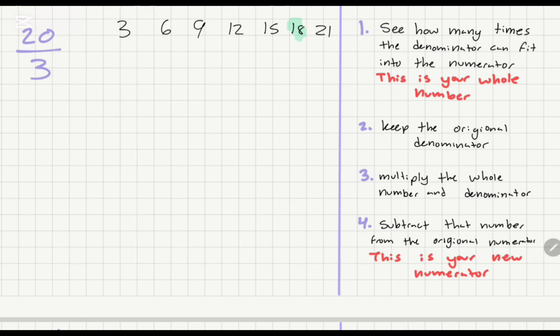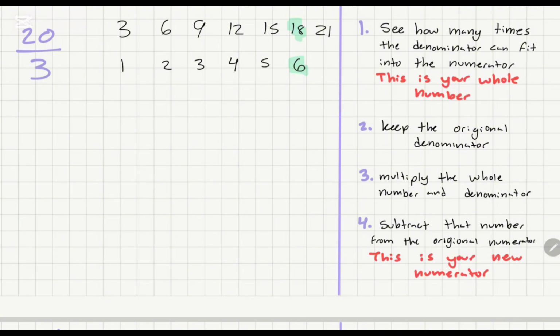Again, it's not 21 because 21 is bigger than 20. Even though 21 is closer to 20 than 18, it goes over 20 and we don't want it to go over 20. Okay, now we have to count how many times we skip counted to get to 18. So by that, I'm just going to count 1, 2, 3, 4, 5, 6. I skip counted 6 times to get to 18.